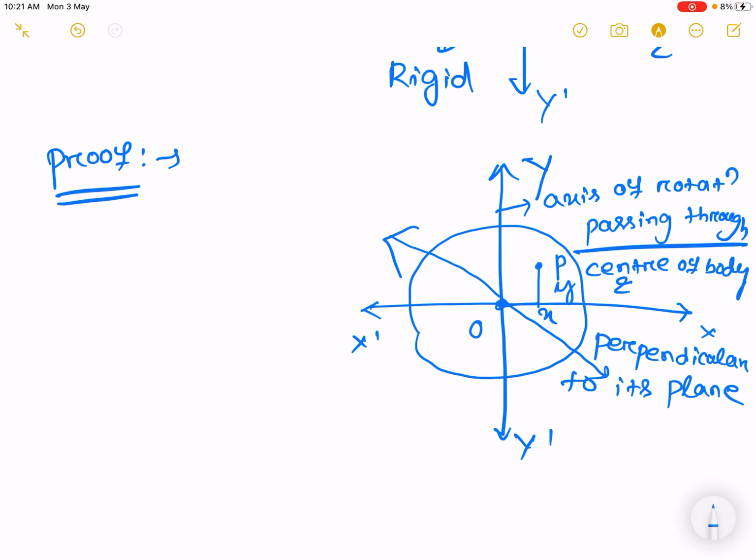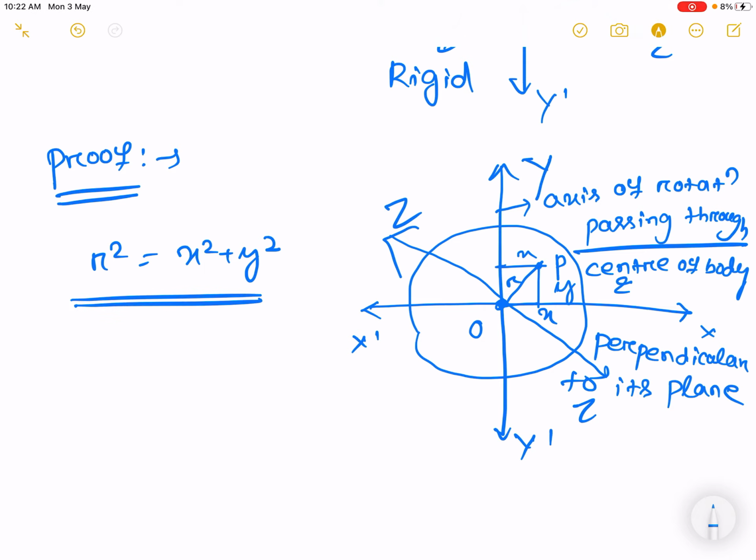This is the distance x from the axis of rotation, and at a distance r. Then from figure, r square equal to how much? x square plus y square.